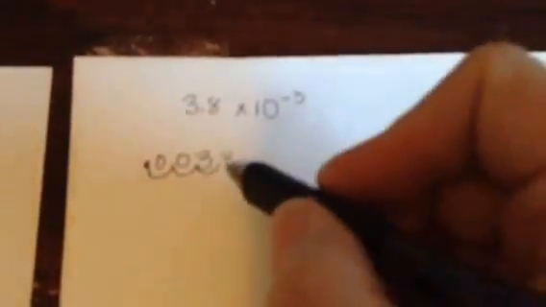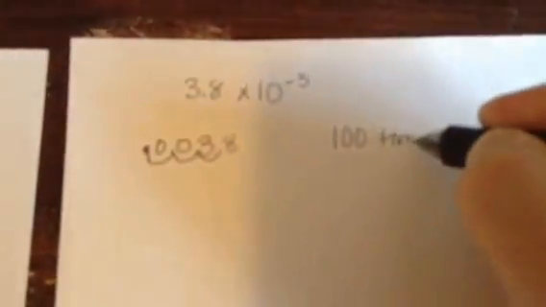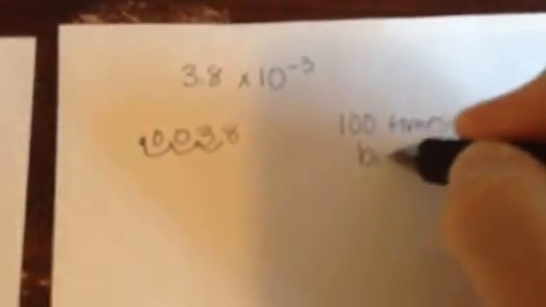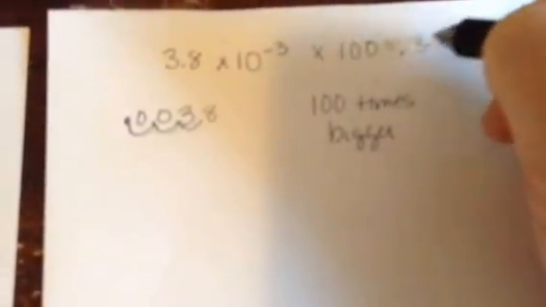Tiny little number, 38 10,000ths. Now, if I make this 100 times bigger, all I have to do is move the decimal 2 spaces to the right, and it becomes 0.38.